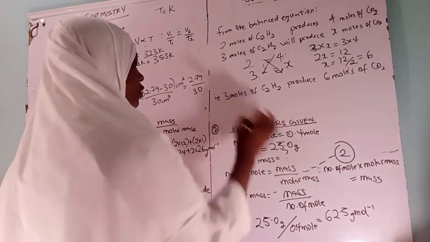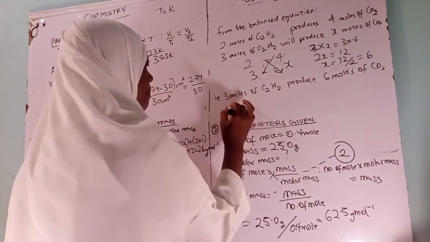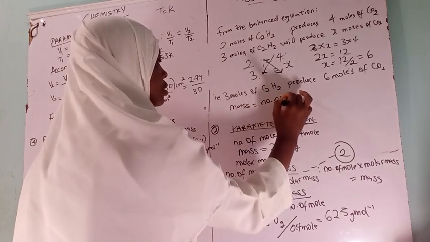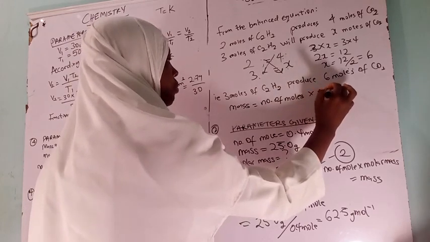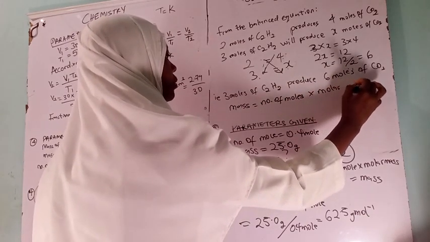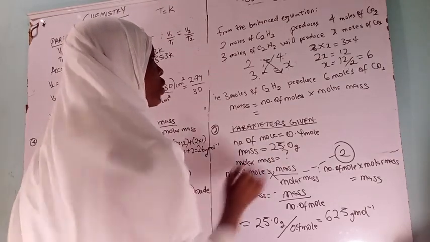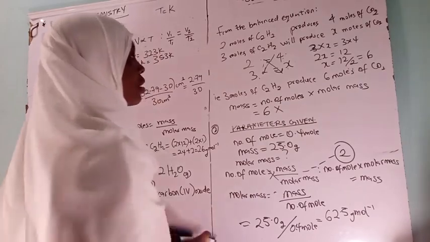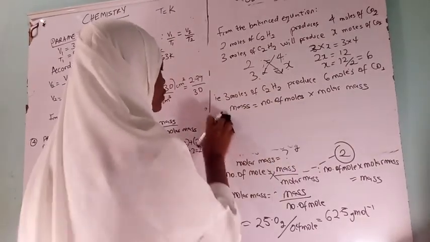Now, from this equation, if you cross multiply, mass equals number of moles times molar mass. Number of moles here is what? 6 times molar mass. Okay, before we get there, let's calculate the molar mass of CO2.